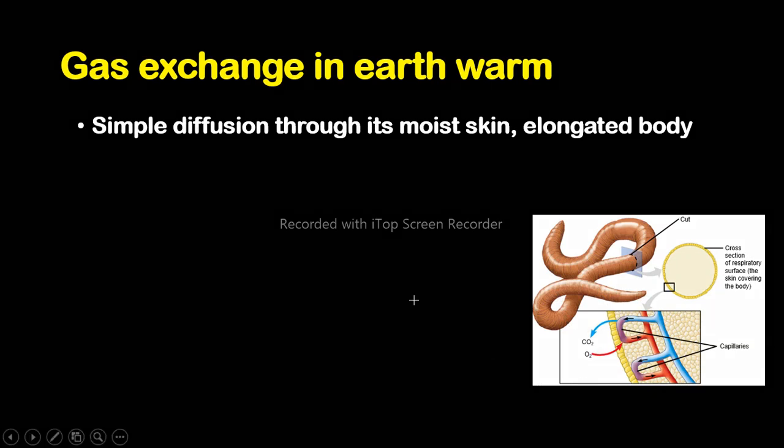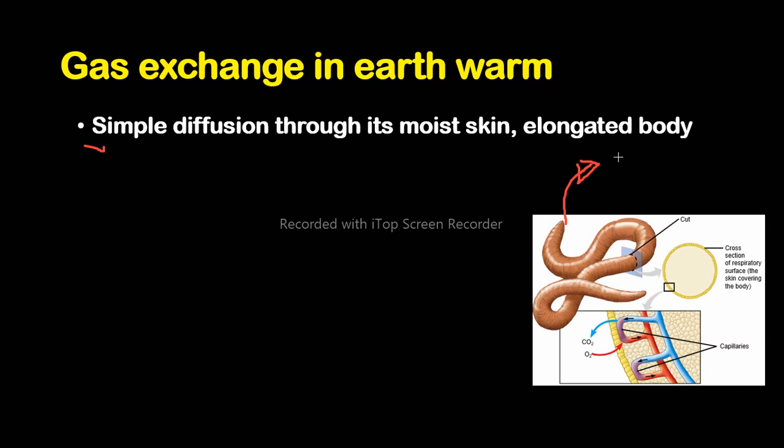Now in your mind you should be thinking about why. Why does it carry out gas exchange through the skin? Why is it able to do that, and we can't? I'm sure you cannot do it. So in other words, think about the adaptations of earthworms to gas exchange.